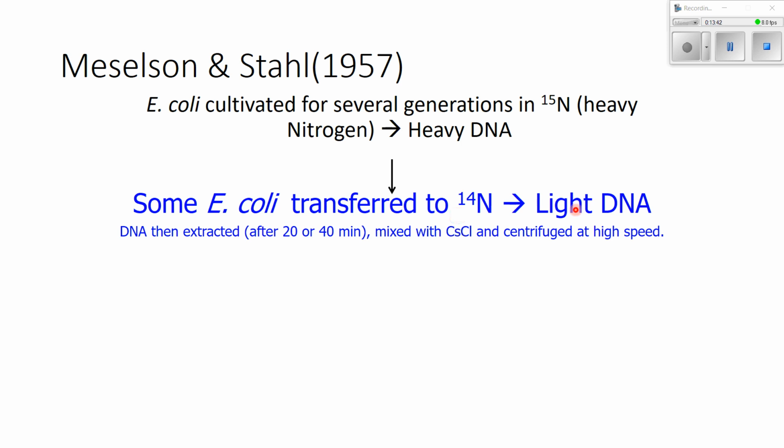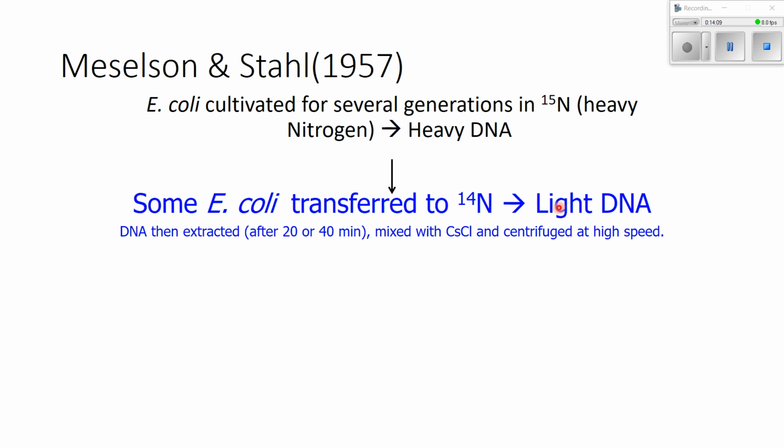It means any new DNA that is made in this new container is going to be lighter. It's going to have a lower mass. So again, all the bacteria has heavy DNA, but if you take just a few of those bacteria and transfer them into this new container, any new DNA that they make is going to be light. It won't be a different color, but it'll be a different mass.